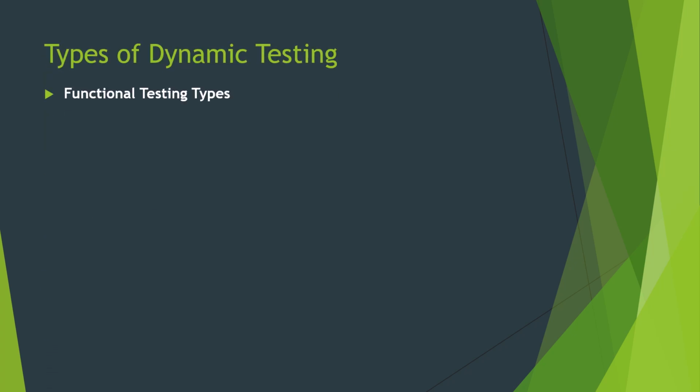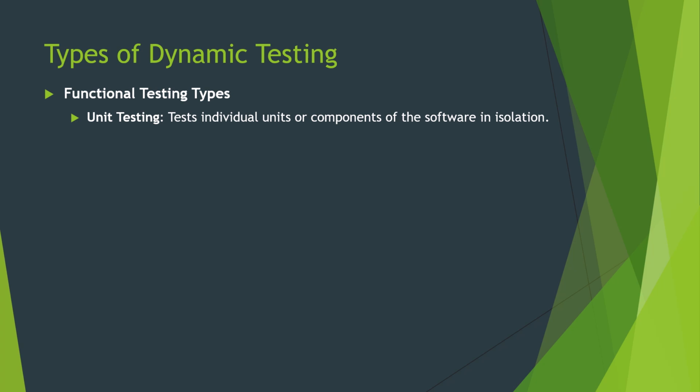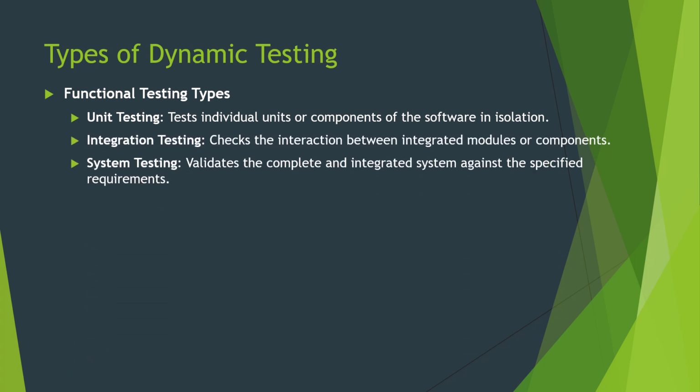Okay, let's move on to the next slide. There are different types of functional testing. The first one is unit testing. Testing small parts of the program individually is called unit testing.